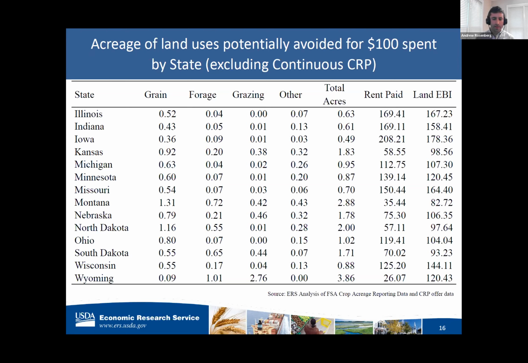But now that we're accounting for cost, we see the most cost effective are states like Montana and North Dakota. And the reason is that these states have much lower rental rates. So there's a trade-off between how much grain and forage is being grown on this land and what the rental rates are. And when you combine those, these states are the most cost effective.